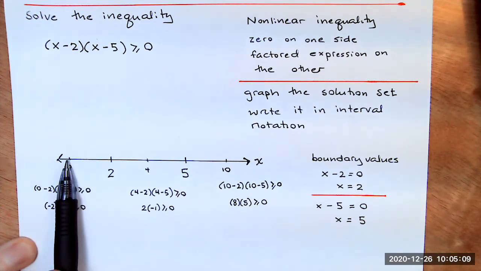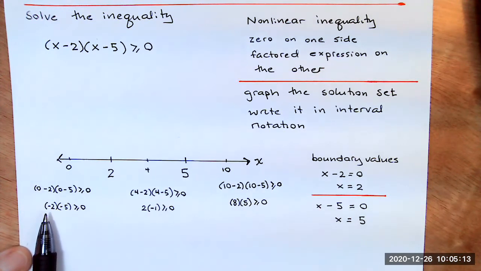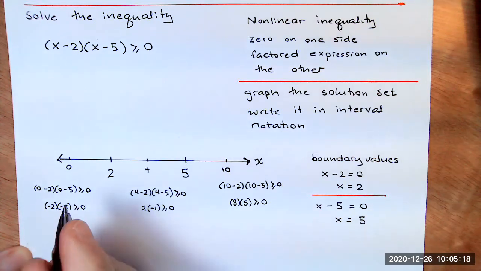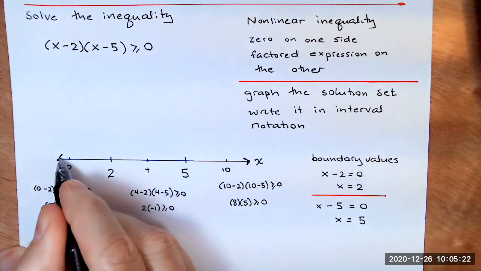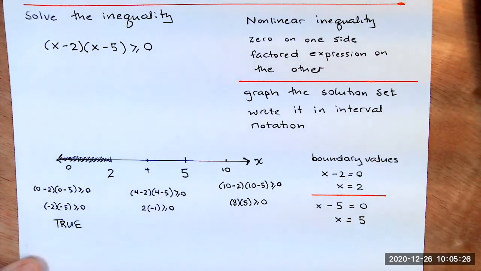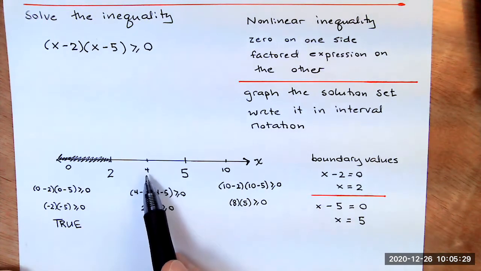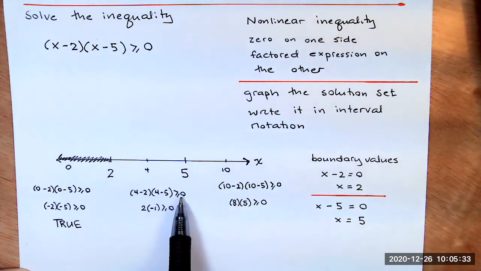So you can pick any number in that region, like 0, plug it in as -2 times -5 greater than or equal to 0. That's a true statement. So this region is in the solution set. 4 is in this region. Plug it into the original statement.